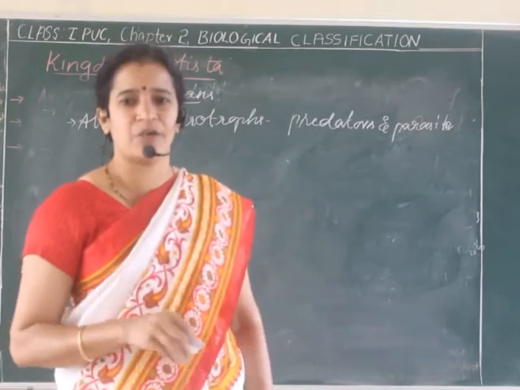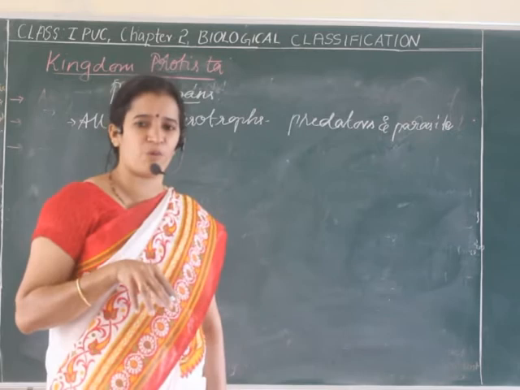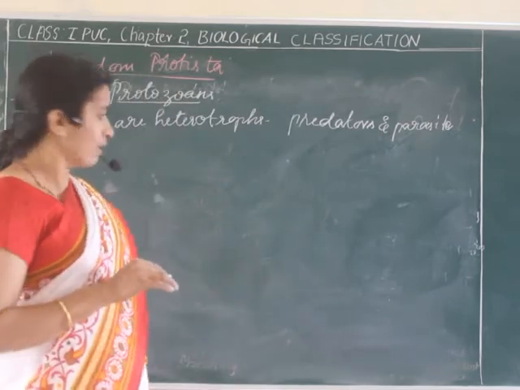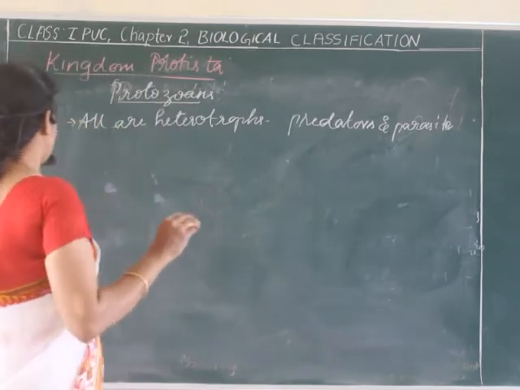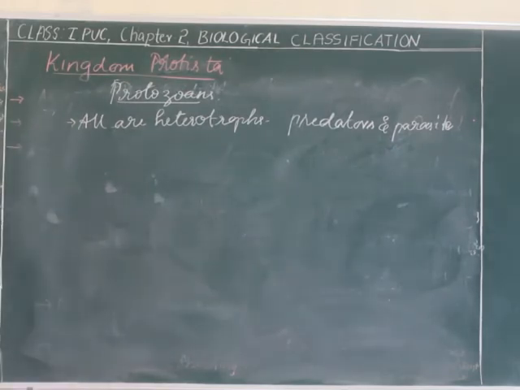Either they have to prey on some other organism, or they live on another organism's body and get their food. So protozoans are completely heterotrophs and can live as predators or parasites.